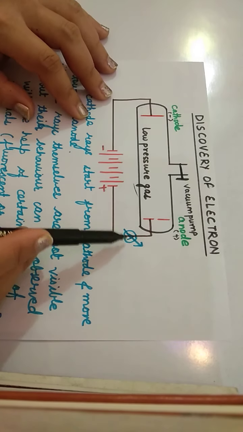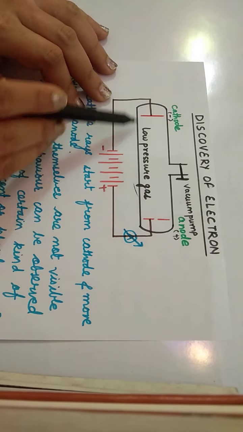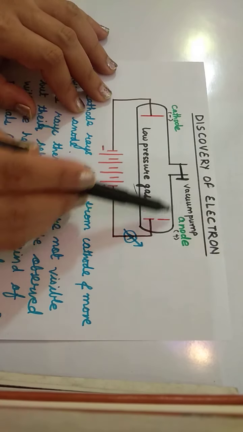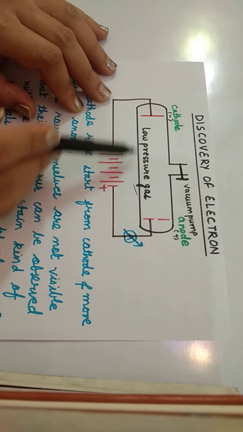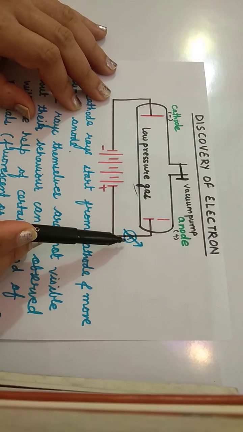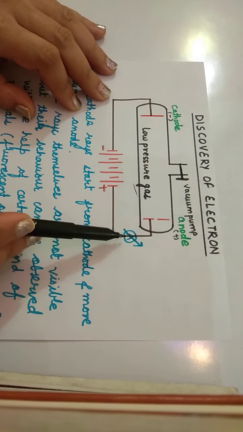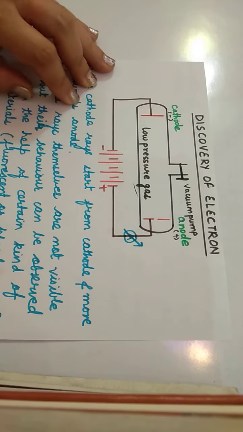If after some time there is a flow of charge inside this discharge tube, then that flow of electricity was detected by an ammeter connected in that circuit. So this was given by William Crookes.